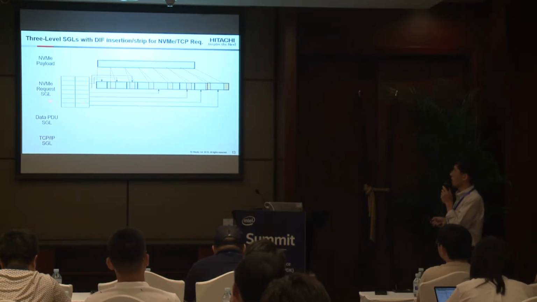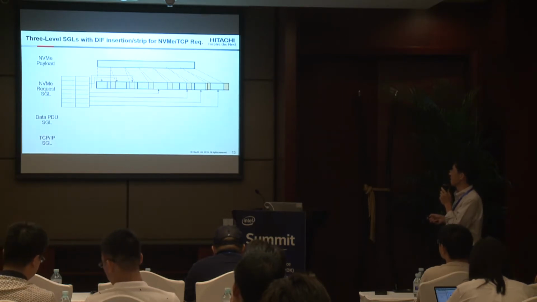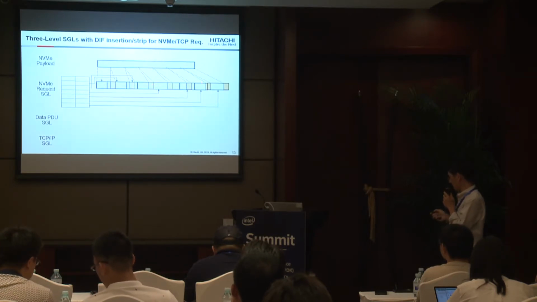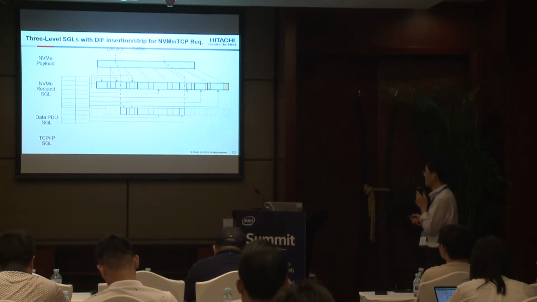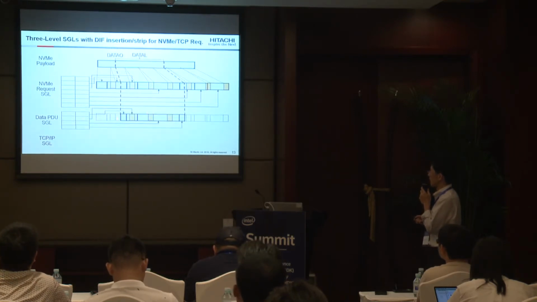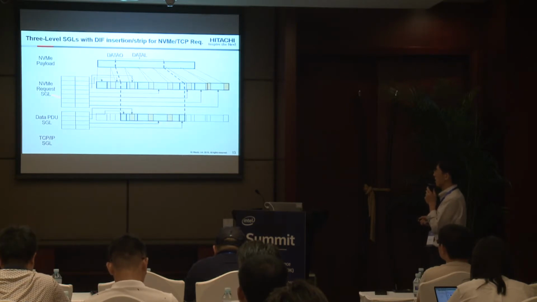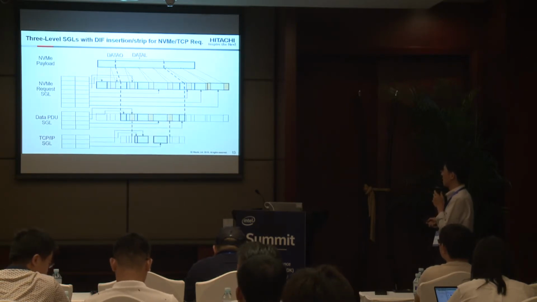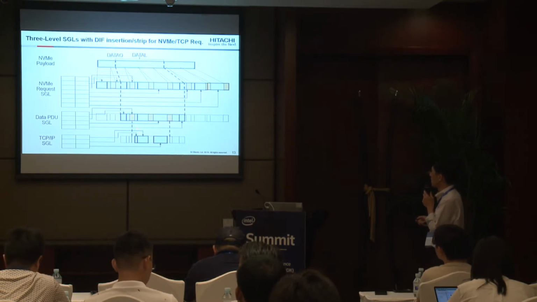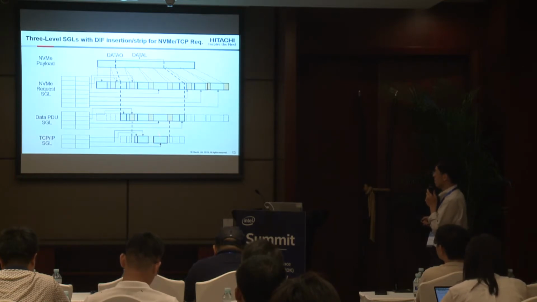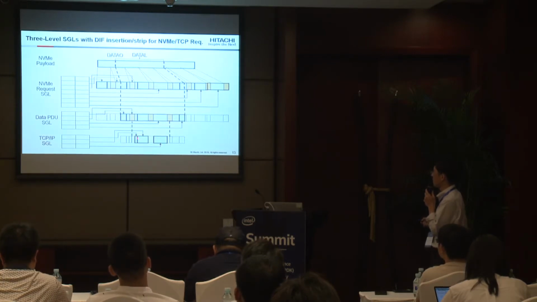So when we create this top level scatter list, we have to leave this space for each block, and then also we have to keep this space on the next level, and so we have to strip or insert DIF space for the bottom layer too.